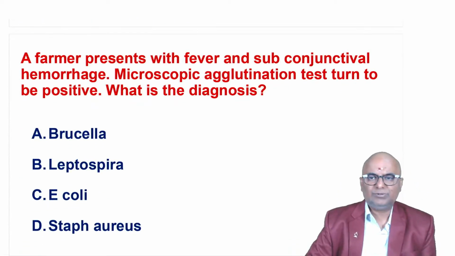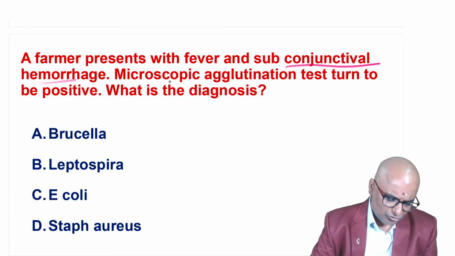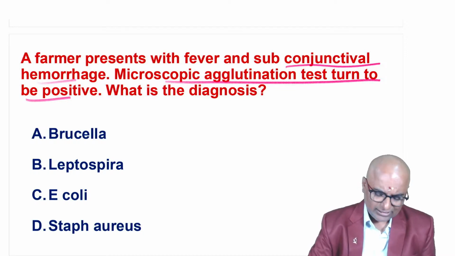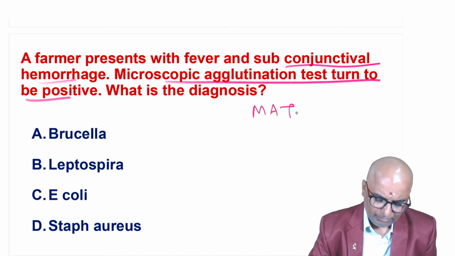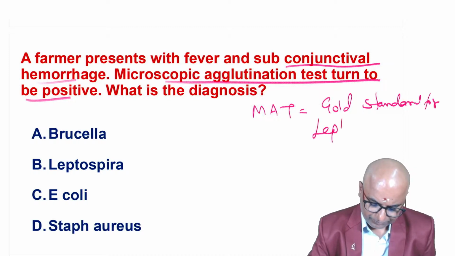Farmer, presenting with fever, conjunctival suffusion or conjunctival hemorrhage. Microscopic agglutination test turns out to be positive. Microscopic agglutination test, we call it MAT. MAT is the gold standard for leptospira.